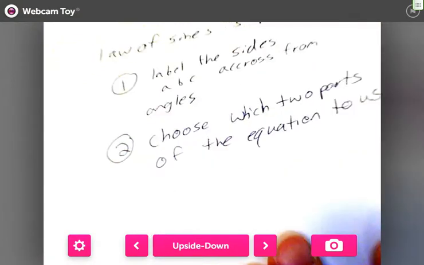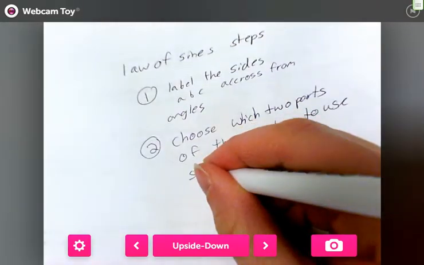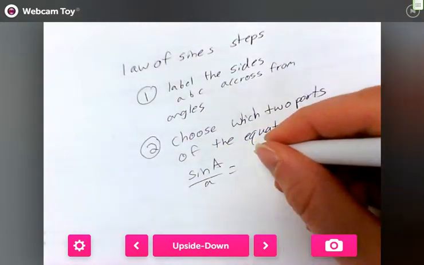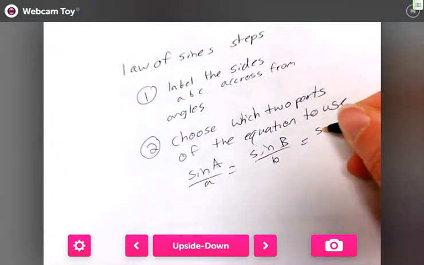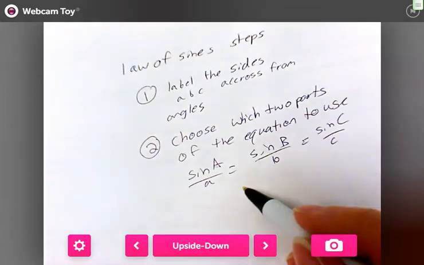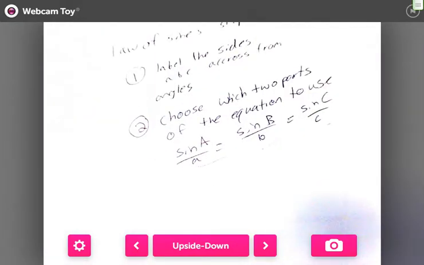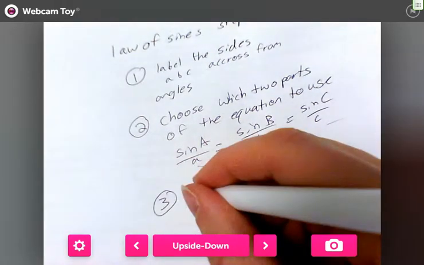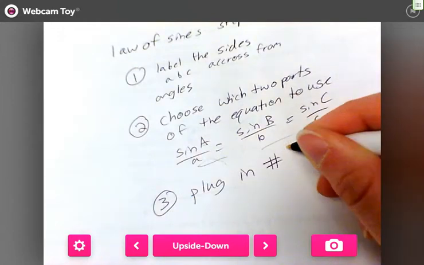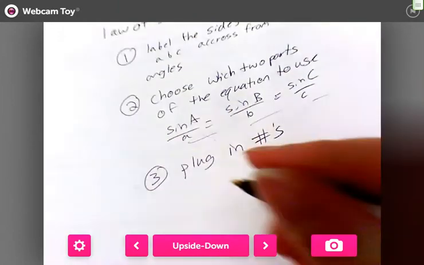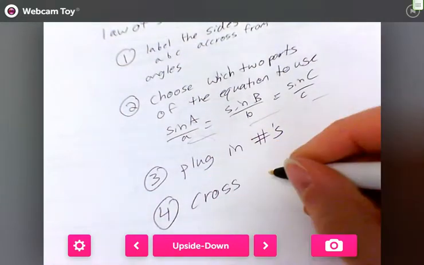So we know we have, zoom out just a little, sine A over little a equals sine B over little b equals sine C over little c. You know you're going to only use 2 out of those 3. Okay? Step 3, plug in numbers. Step 4, cross multiply.